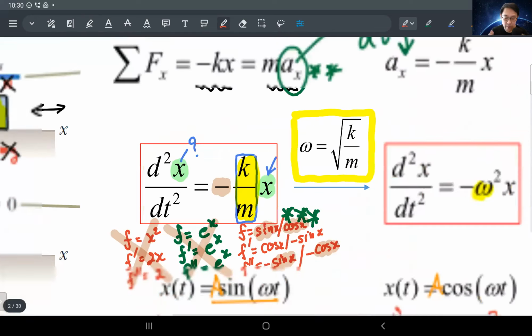You got that? So if I write it one more time, if you have a cosine omega t and then you add 90 degrees to it, what are you going to get? You're going to get negative sine omega t. Why not?